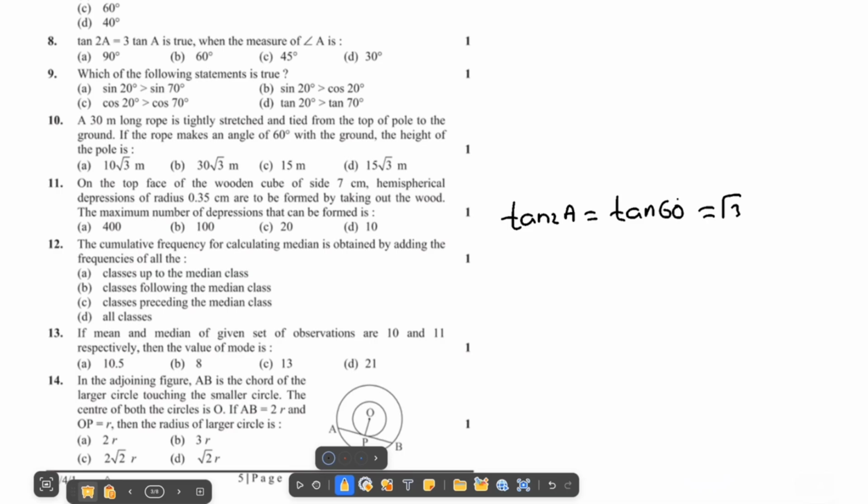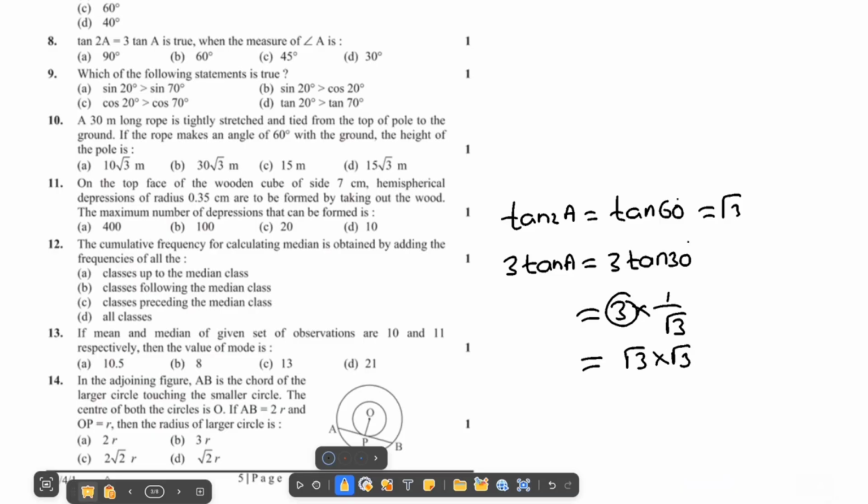Now let's take RHS. What is RHS here? 3 tan A. Let's substitute A value 30. 3 tan 30 degrees is equal to, so we know that tan 30 degrees is equal to 1 by root 3, and this 3 can be written as root 3 into root 3.